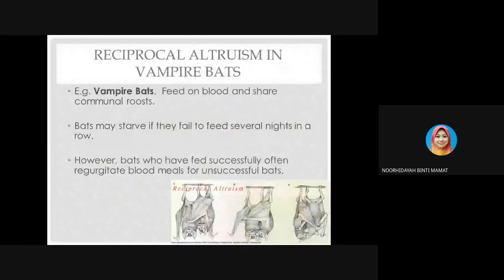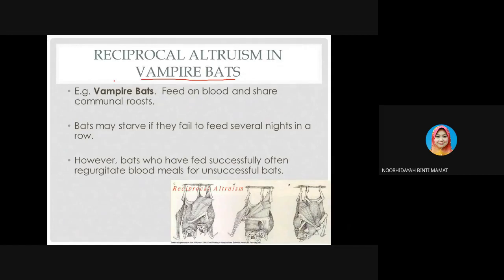For example, we are talking about vampire bats. We take vampire bats as an example of reciprocal altruism. Vampire bats feed on blood and share a communal roost.